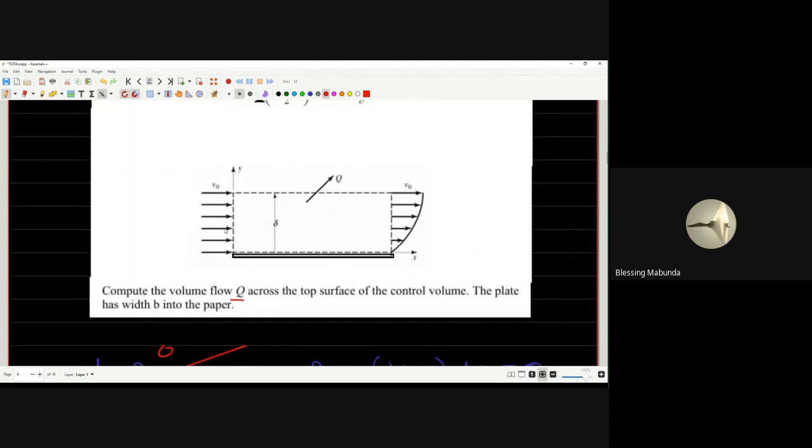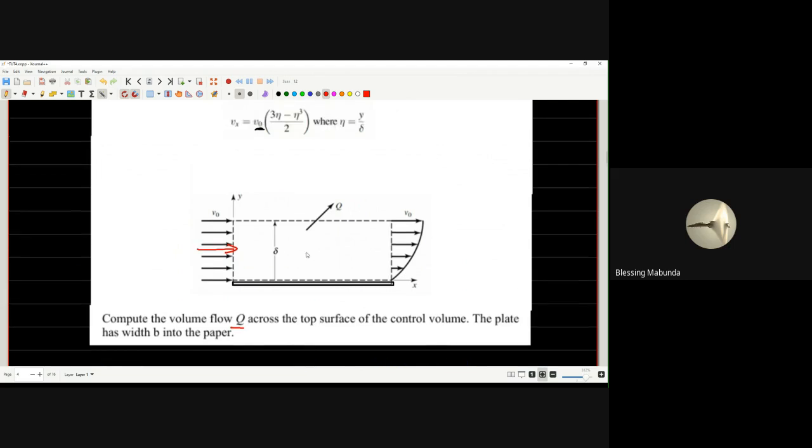So we'll consider this is going to be minus since it's going in, it's into the system, into the control volume. And this here, that is going to be positive.